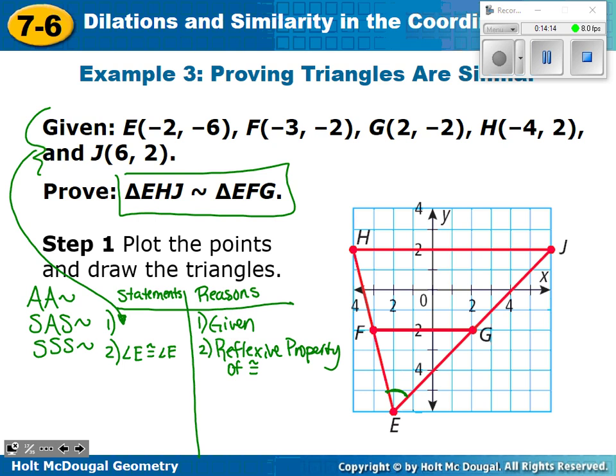Okay, we do have parallel lines, but we have to prove they're parallel. So what would we use to prove those lines are parallel? Slope. So number 3, we would need to find the slope of our 2 lines that look parallel, which are HJ and FG. So I'm going to write down slope of HJ and slope of FG. And what is the slope of HJ and FG?